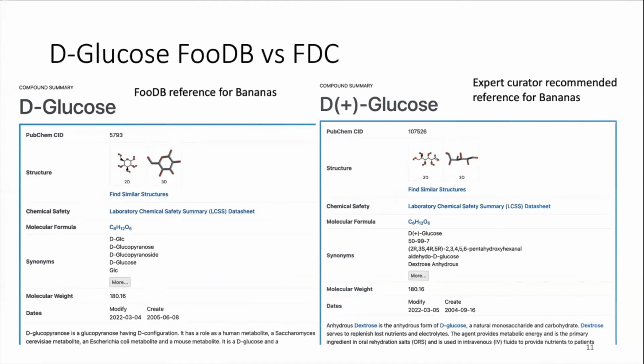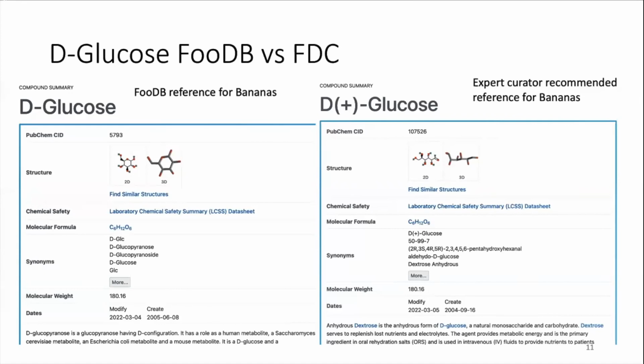So at FTC, we focus on slightly more than 430 chemical composition components, and we recently went through a mapping exercise as a part of the ontology that we're building. And when we tried to map the components at the FTC, our experts suggested a different PubChem ID for the glucose in bananas.